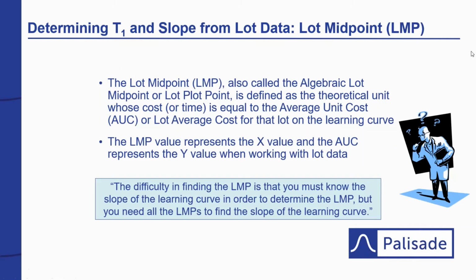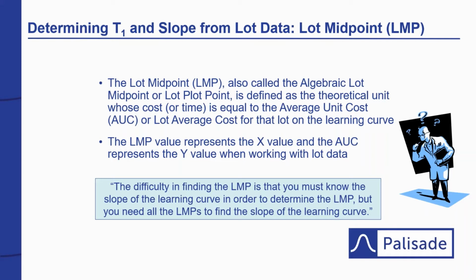So in words, and I've got this goofy professor off on the side going, say what? The lot midpoint, also called the algebraic lot midpoint or lot plot point, is defined as the theoretical unit whose cost or time is equal to the average unit cost or lot average cost for that lot on the learning curve.